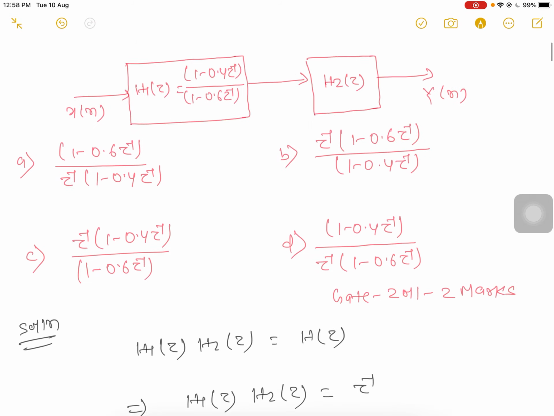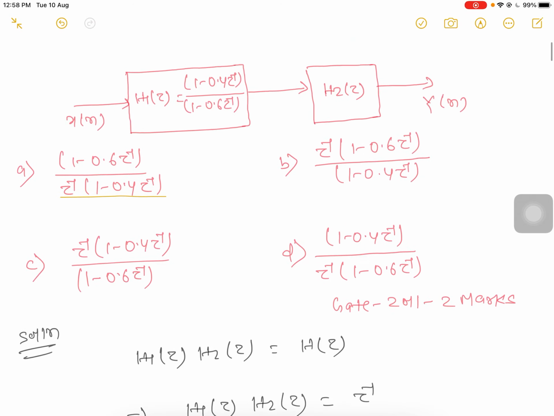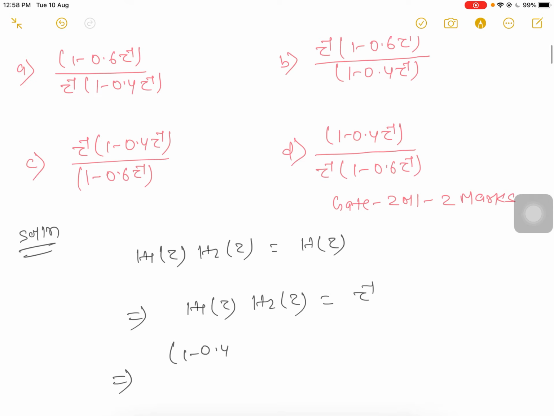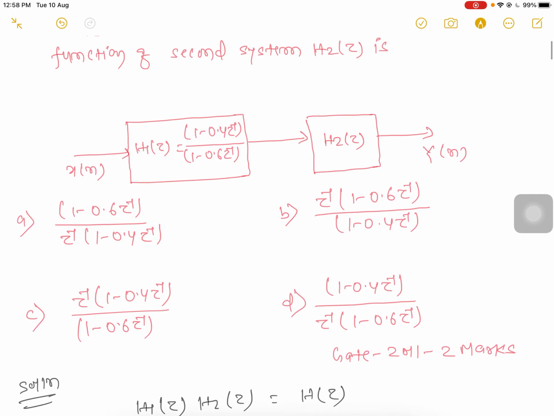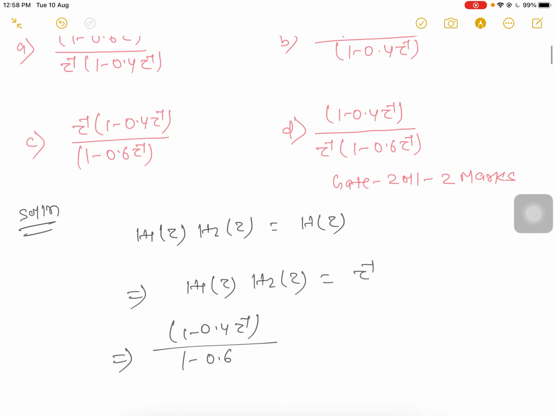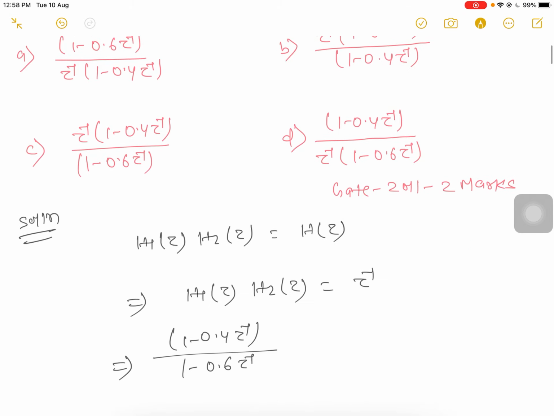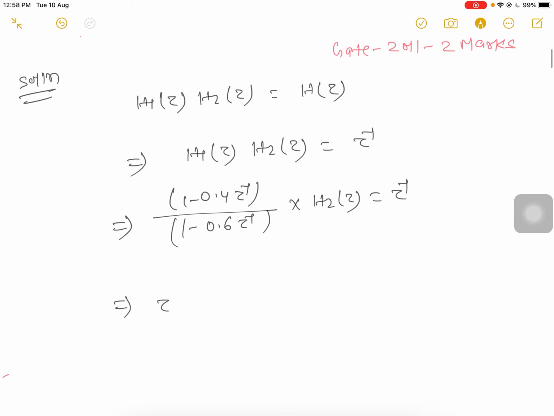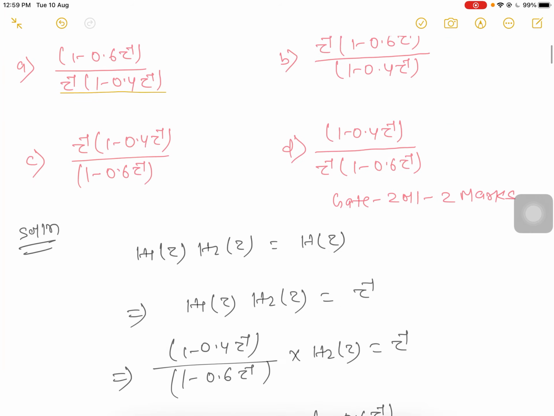So H1(z) is given. How much is H1(z)? H1(z) is (1 minus 0.4 z inverse) upon (1 minus 0.6 z inverse), into H2(z) is equal to z inverse. So H2(z) will be z inverse into (1 minus 0.6 z inverse) upon (1 minus 0.4 z inverse).